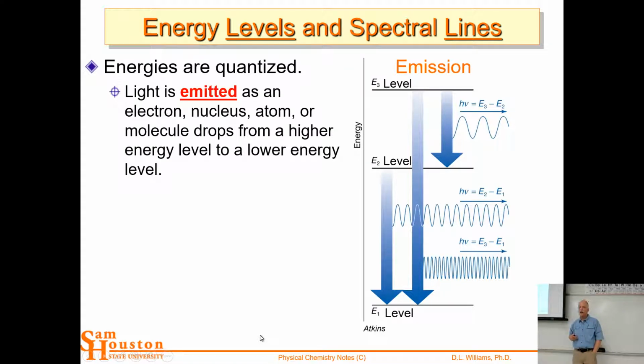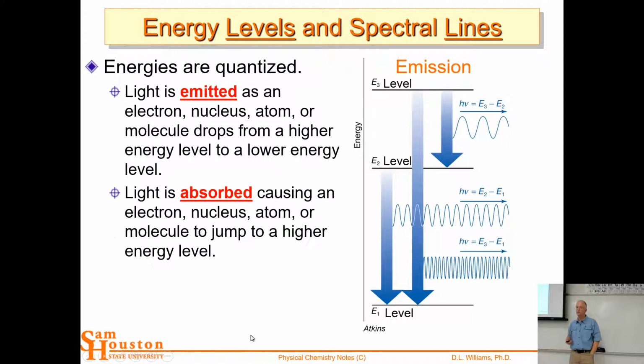And these lines or peaks are the differences in the energies. So the energy levels, that's what comes out of the quantum mechanical calculation. You solve the Schrodinger equation, which we'll talk about today, and you get the energy levels for a system. Light is absorbed or emitted, causing a jump up or down in the energy levels, and the difference between those energy levels are the lines.